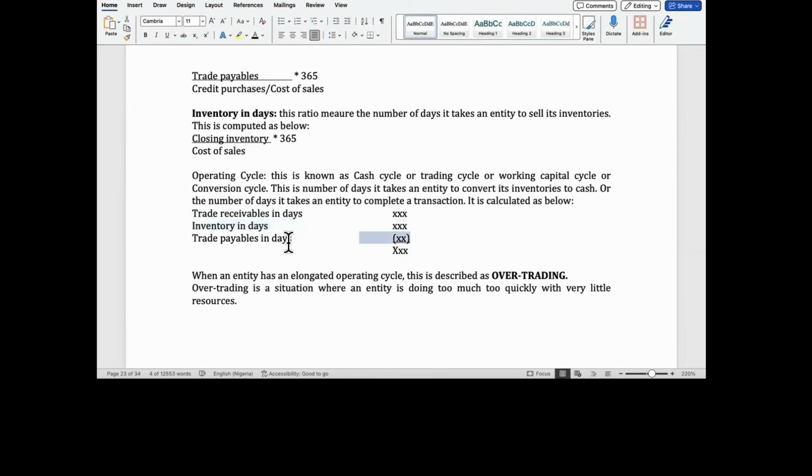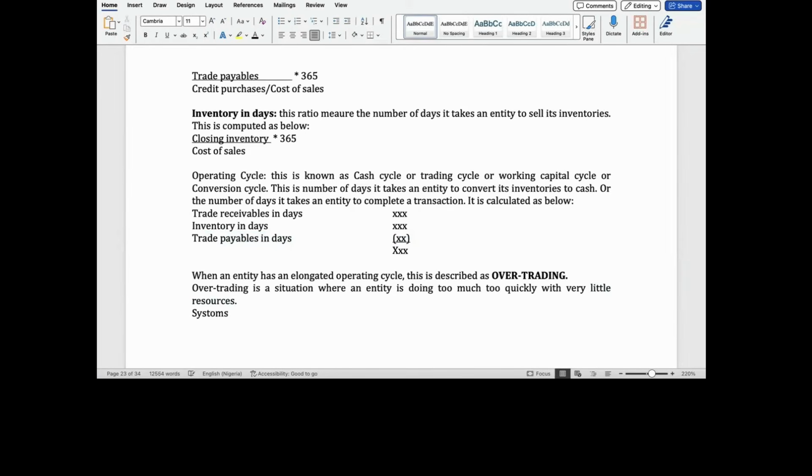And you cannot now pay these guys, because you have very little resources. You have used all your money on inventory. Because if you have resources, even though these guys are not paying, you'll still be able to settle your payables. But because you have spent all your money.